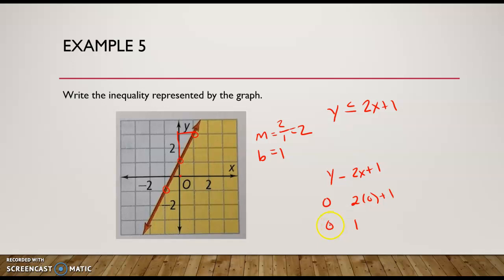Which direction would make 0 compare to 1? And it would be the less than. And so then I would know to plug the less than in for my symbol. So that's one way if you're not so sure on recognizing less than versus greater than based off of where it's shaded. I hope that helps.